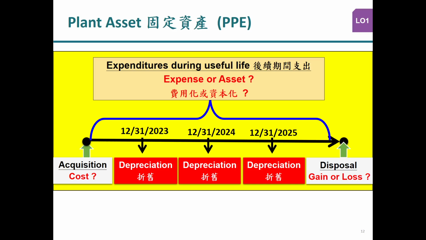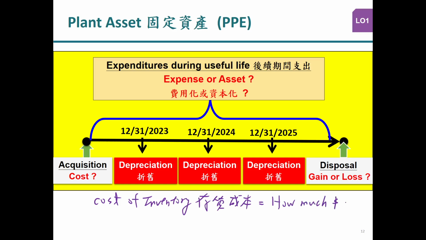First one, cost. Remember from chapters 5 and 6, how to determine the cost of inventory? Anyone? Cost of inventory, 存货成本, means how much money you spend to buy your inventory.